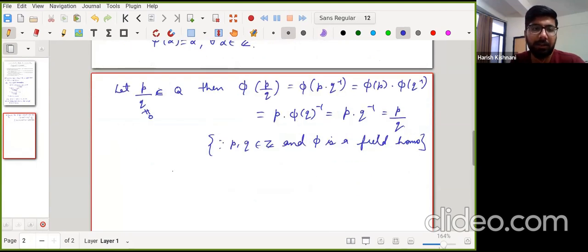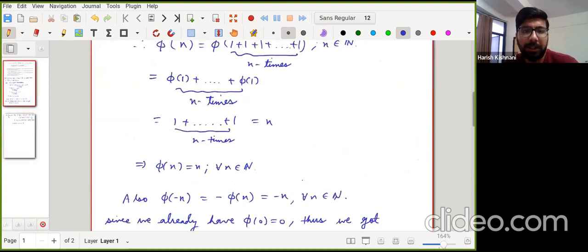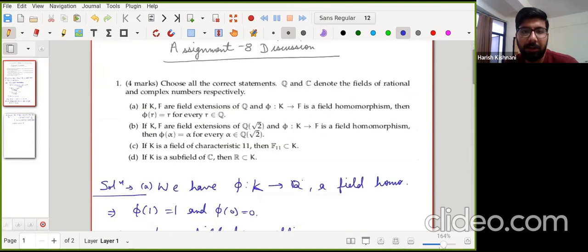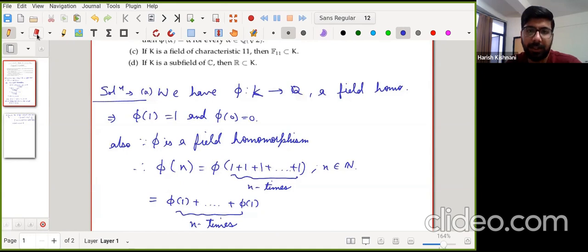Combining all these things, we get that phi of alpha is equal to alpha for all alpha in Q. So any field homomorphism from a field extension of Q fixes Q. Here, instead of just a map from K to Q, we can have this map from any field extension K to any other field extension F. The codomain need not be Q, but if it contains Q, that's also fine.